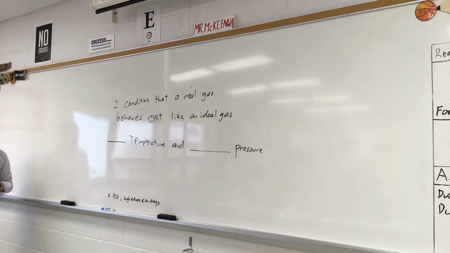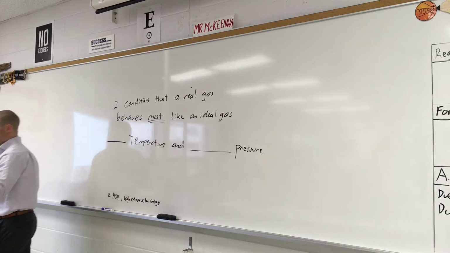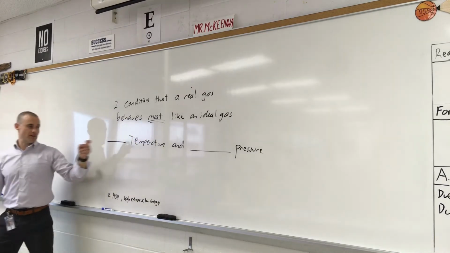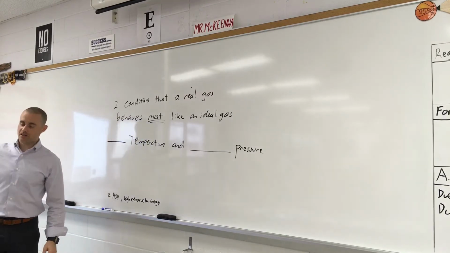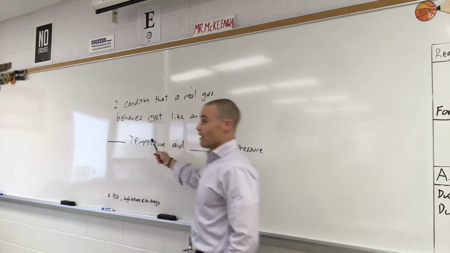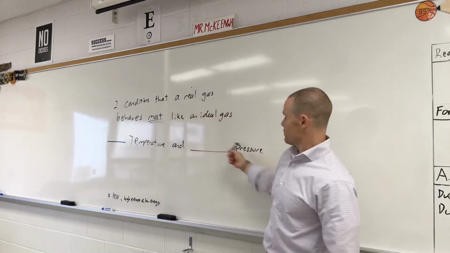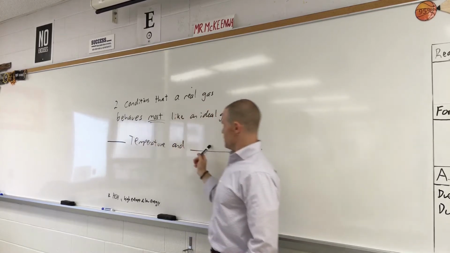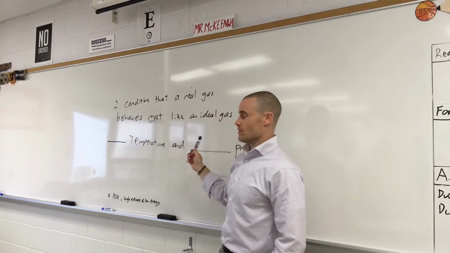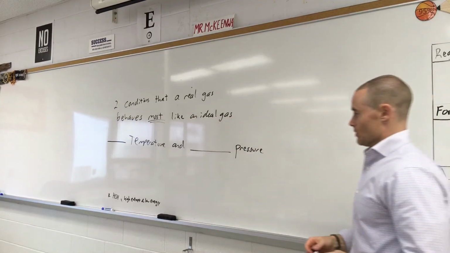What two conditions, temperature and pressure, do we want to fill in with the word increase or decrease? Do we want to increase temp and increase pressure? Increase temp and decrease pressure? Decrease and decrease? Or decrease and increase? There's only 4 options. It's multiple choice, sort of.